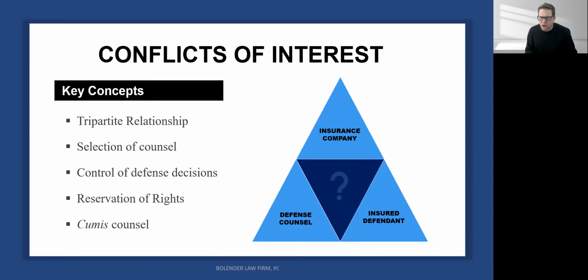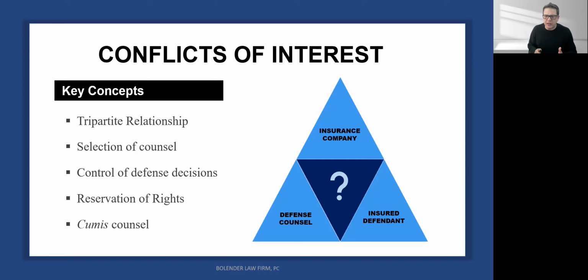Now, when an insurance company agrees to defend, they customarily will select and retain an outside law firm and lawyer to defend the policyholder. These firms are sometimes referred to as insurance defense firms. These firms are on the panel of the insurance company's outside attorneys, so they're sometimes called panel counsel.